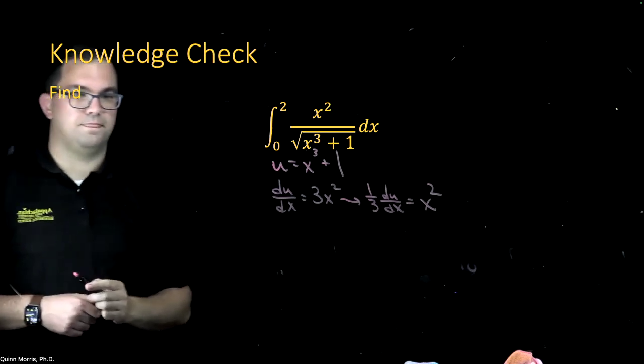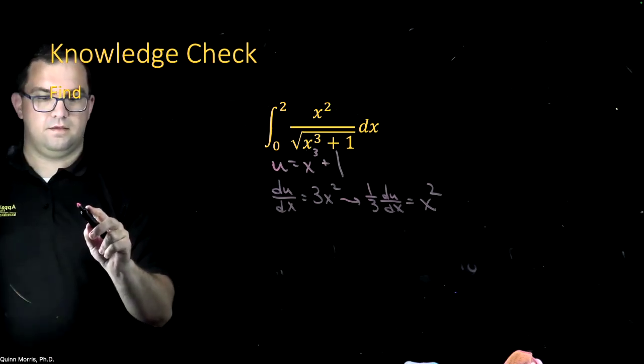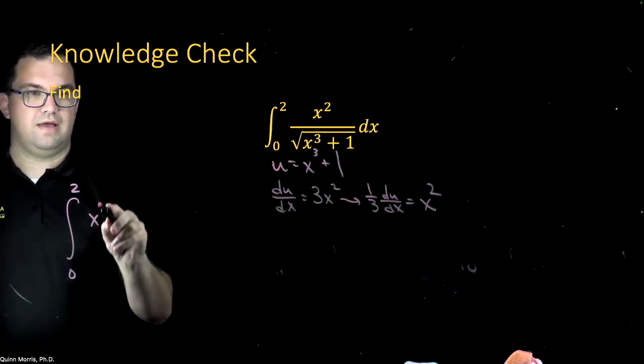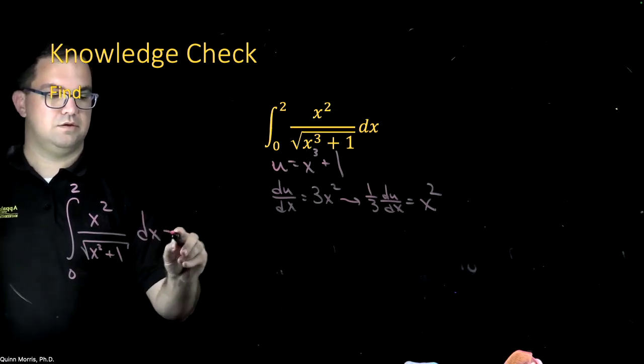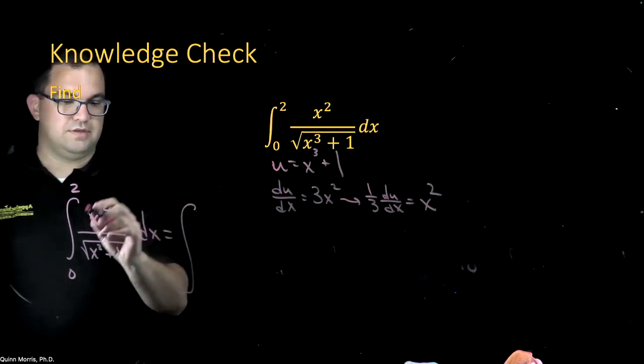in this way. Okay. So now, making my substitution, this integral from 0 to 2 of x squared over square root of x cubed plus 1 dx. When I convert everything to be in terms of u, a couple things are going to happen.